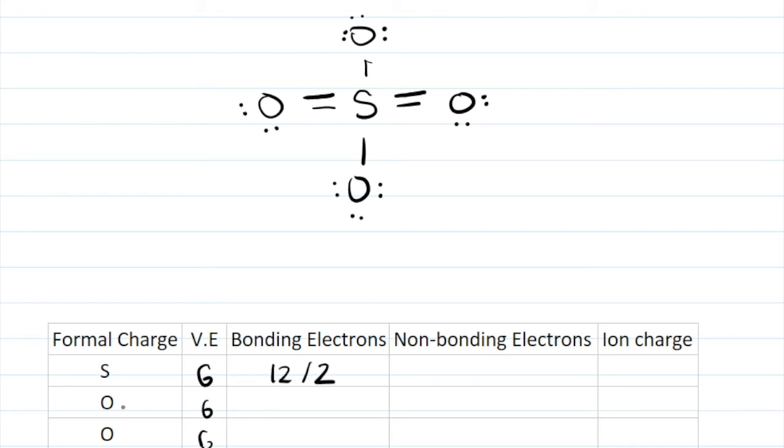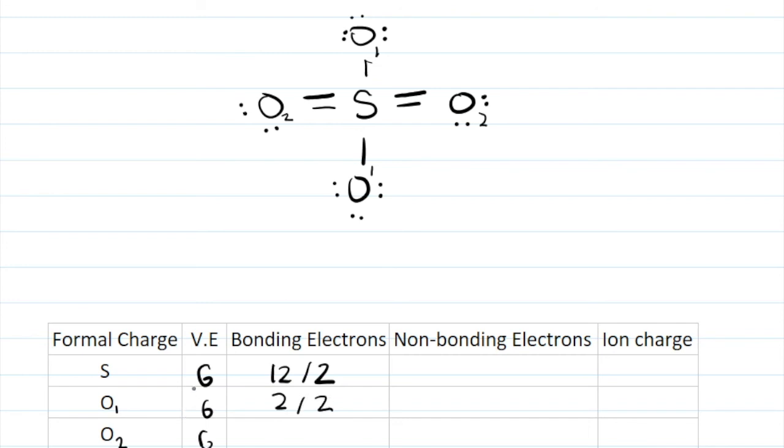For oxygen, there's oxygen 1 and oxygen 2. These two oxygens have 6 valence electrons, so this will be oxygen 1. And these two oxygens only have 4 electrons, so this will be oxygen 2. For oxygen 1, bonding electrons, there is only 2, so 2 divided by 2.